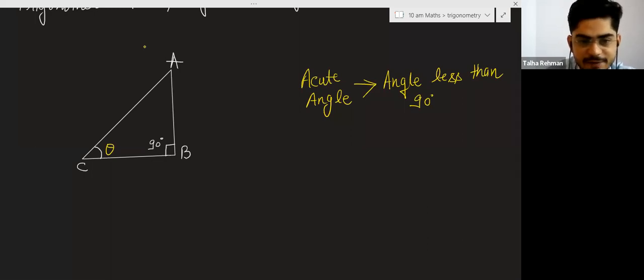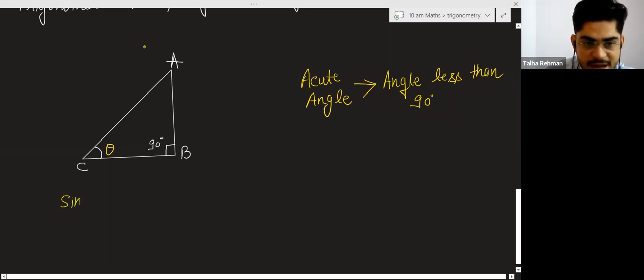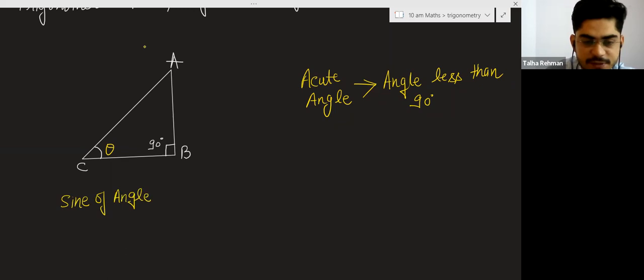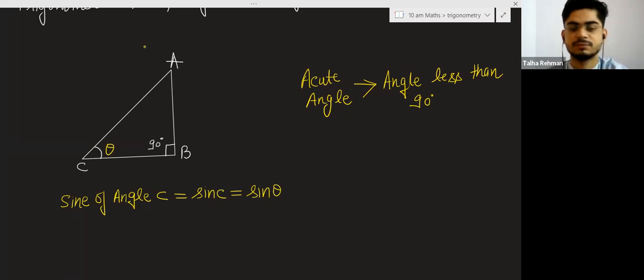So I can write this as sine of angle C, or sine C, or I can write this as sine theta.